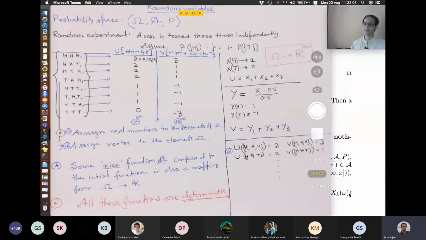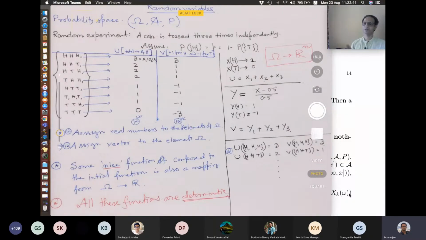This law of assignment is known as a random variable. A random variable is a deterministic function mapping from the sample space to the real line or Rn. Remember, it is a deterministic function which assigns a number or a vector to the outcome of a random experiment.